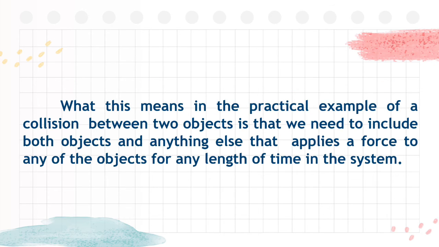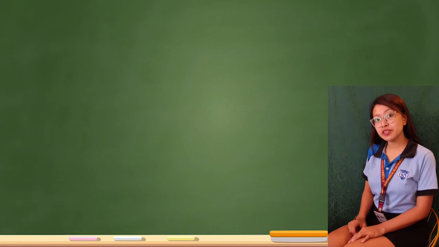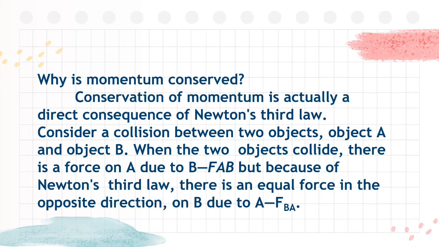What this means in the practical example of a collision between two objects is that we need to include both objects and anything else that applies a force to any of the objects for any length of time in the system. So why is momentum conserved? Conservation of momentum is actually a direct consequence of Newton's third law.